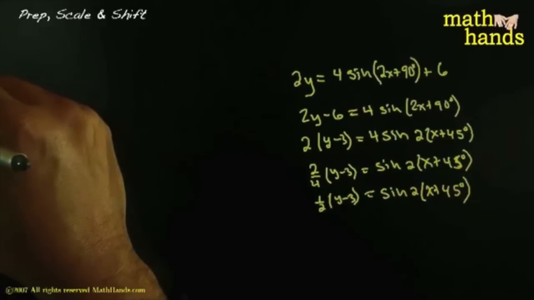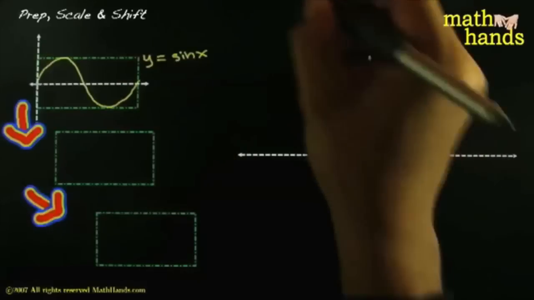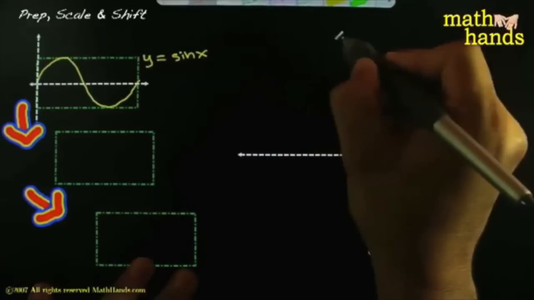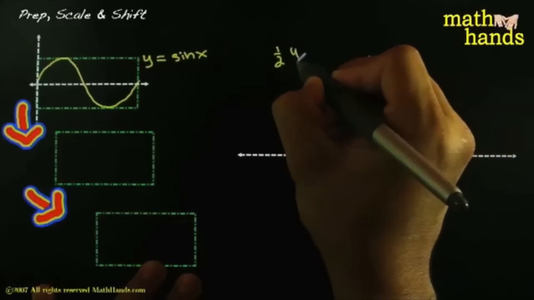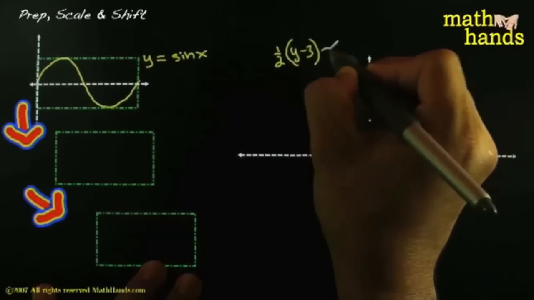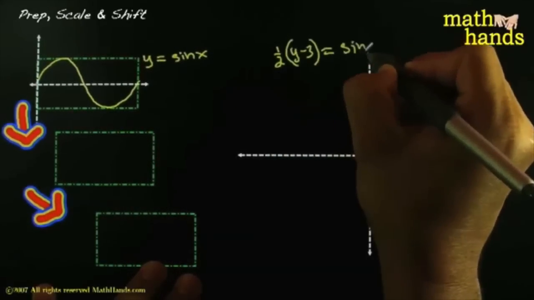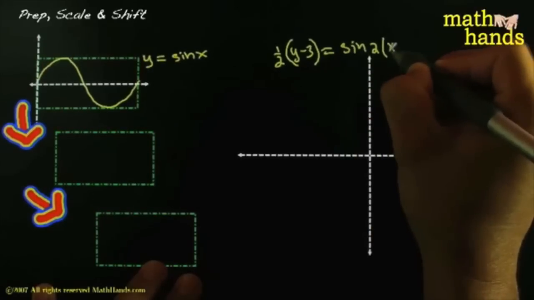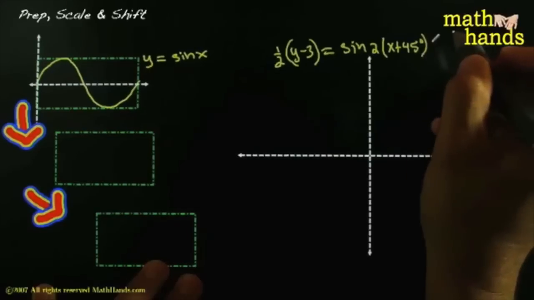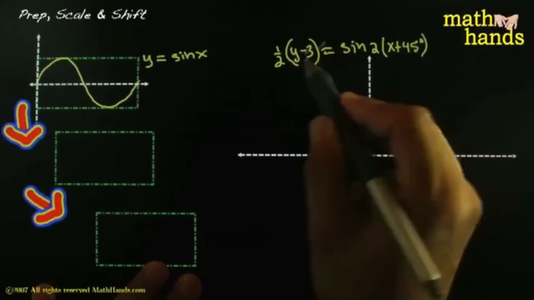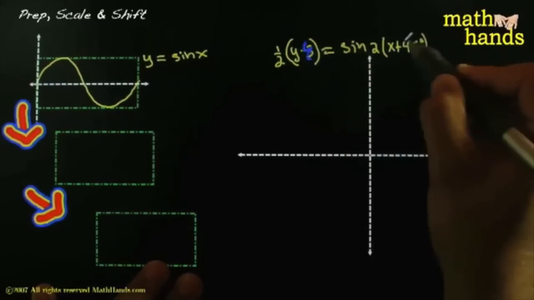Let's see if I can remember it off memory here. I'm getting old. A half y minus 3 is equal to sine of 2 times x plus 45 degrees. Beautiful. So I'll say to myself, you know what, I'll forget about the shifts here. Forget about that, forget about that.